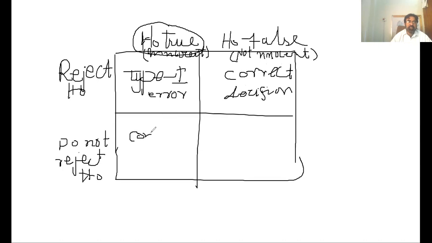You do not reject, and the null hypothesis is true, so this decision is correct.